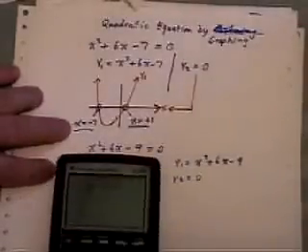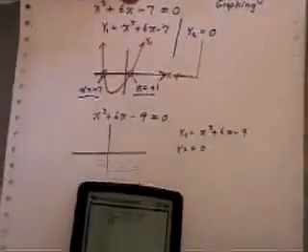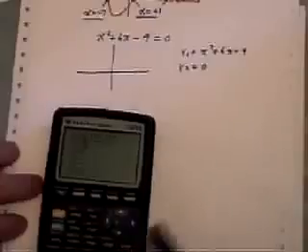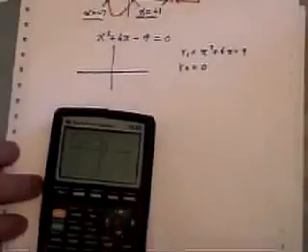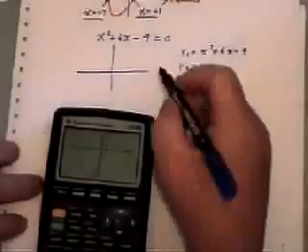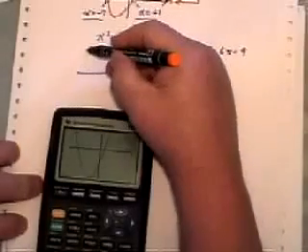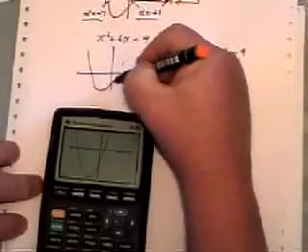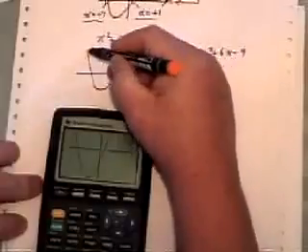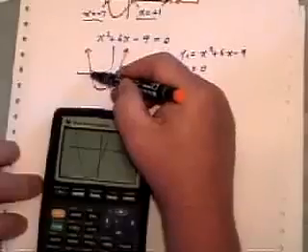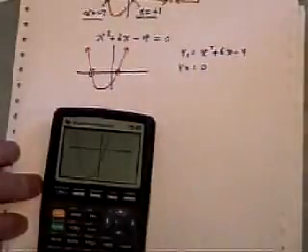Now I've put those two equations in here. Now when I hit the graph button, I get almost the same looking graph as before. The only difference is these two numbers are no longer nice round whole numbers. So here's how you solve it from there.